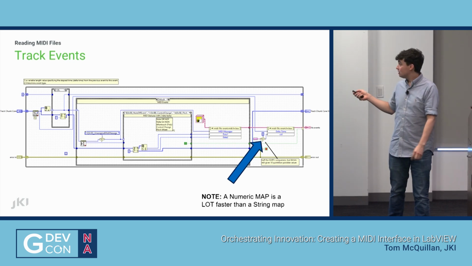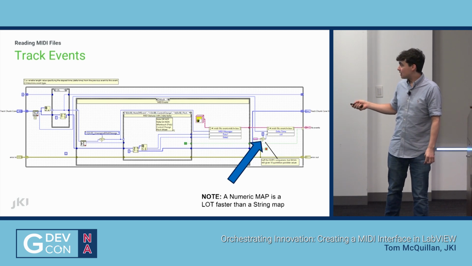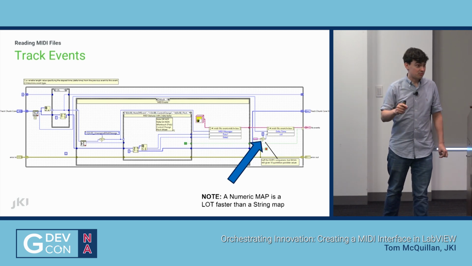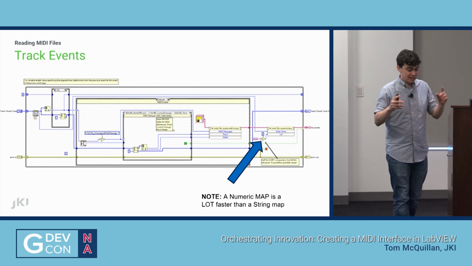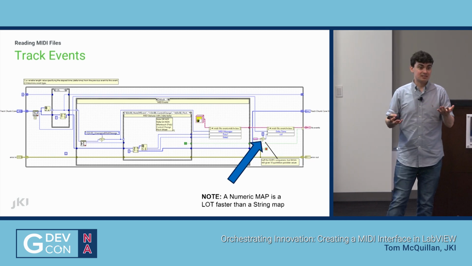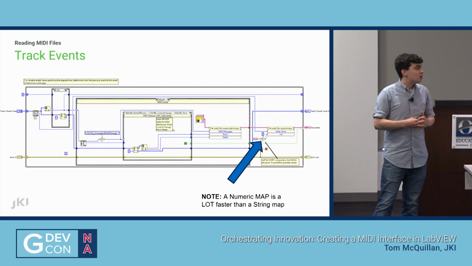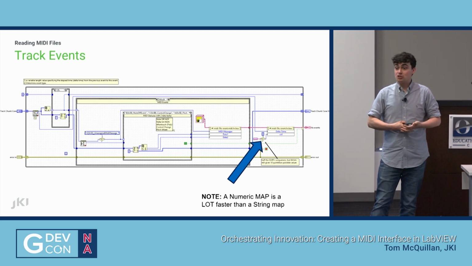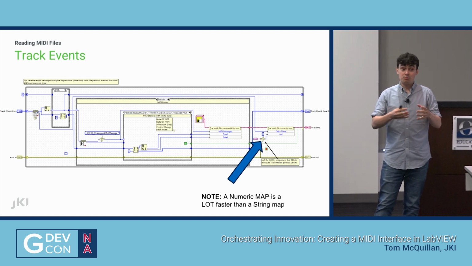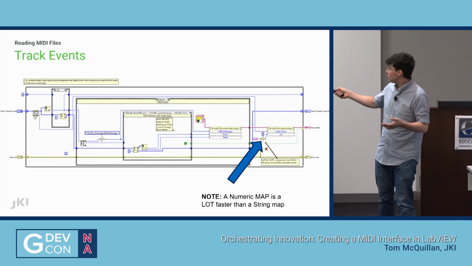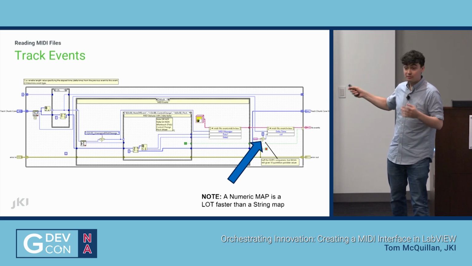A note I've put on the screen there is a numeric map is a lot faster than a string map. After I initially used a string as a GUID, I found it took so long to do lookups, because ultimately I could have thousands and thousands of file events.